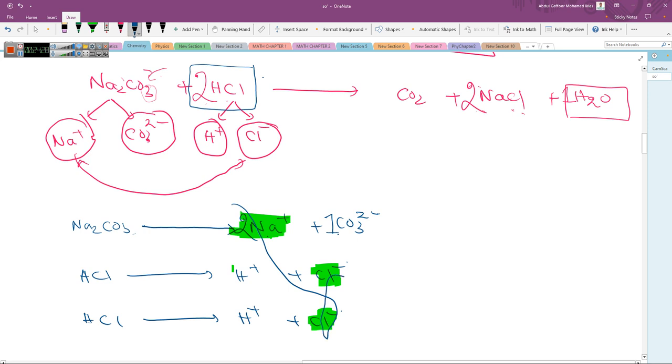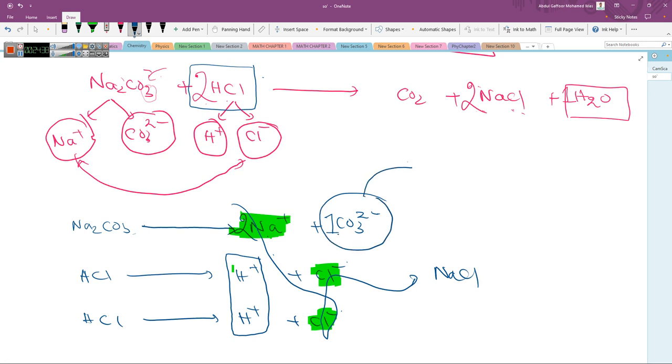So these three will form NaCl, and here you can see in acidic medium this CO3 2 minus will become CO2 gas because of this acidic medium. And again, these isolated H plus ions will react with the lost oxygen from carbonate and form H2O, right? Now I told you with the presence of acidic medium, carbonate will become CO2.